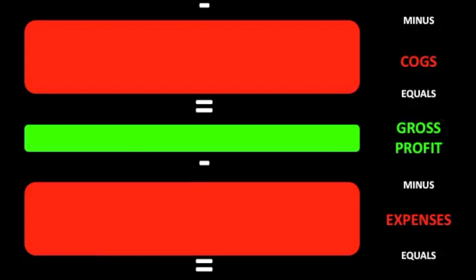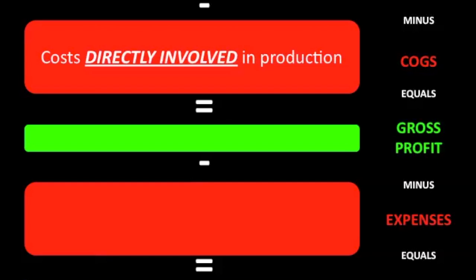The COGS on the side there, COGS are costs directly involved in production. So it's cost of goods sold. It's only the things directly involved in production. So raw materials, ingredients, things like that, that are directly involved in the production of the product. The reason we have this gross profit subtotal here is it lets you know if your production costs are too high.